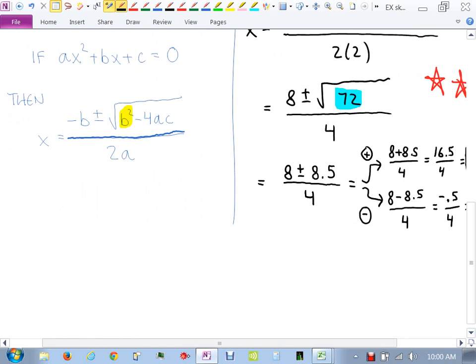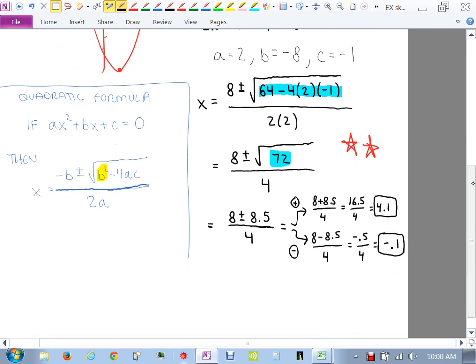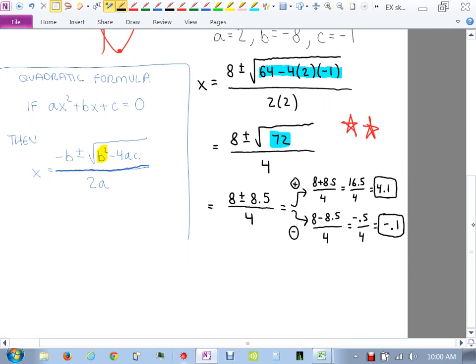So that's quite a bit of work, isn't it, for our x-intercepts? All right, what's next? We found our x-intercepts. What's the next thing? Well, I need to go to a new page. So for the y-intercepts, this is step 4. For the y-intercept, we just plug 0 into the function, right?